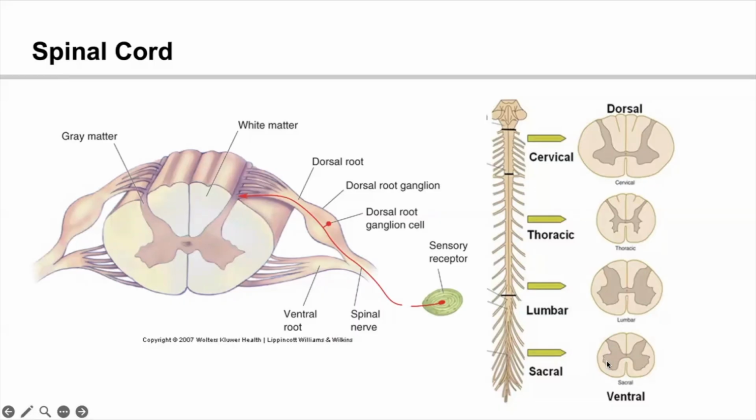And apart from that, remember, the muscles in the lower extremities are much bigger than those in the cervical region. So the way the white and the gray matter are distributed in the different regions of the spinal cord is different as well.